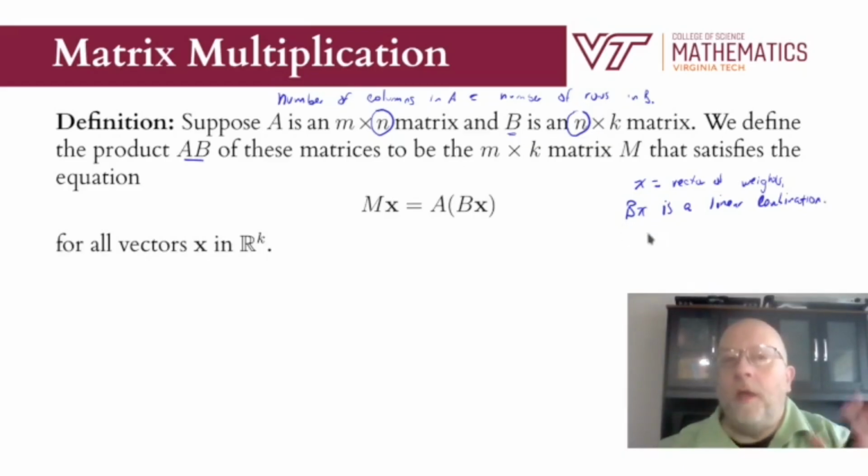And when you evaluate a linear combination, then you get a new vector. This is also a vector.